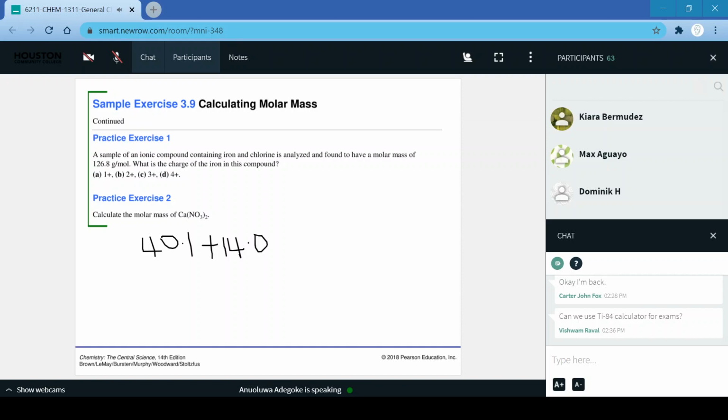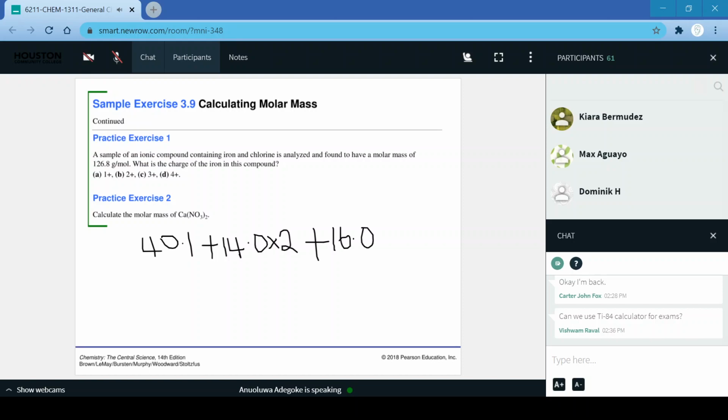Let me just write the multiplication out clearly so that we understand it better. And then plus the molar mass of oxygen, which is 15.999. We typically approximate to 16.0. All in atomic mass units.